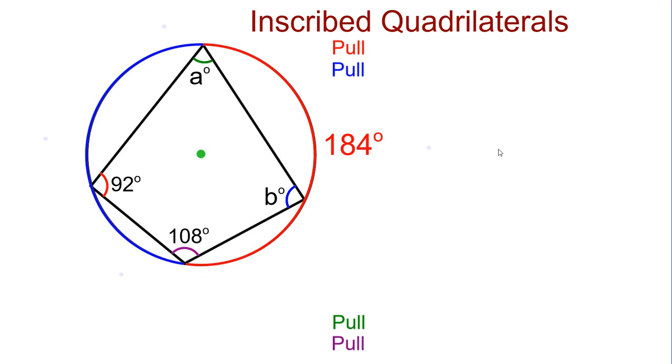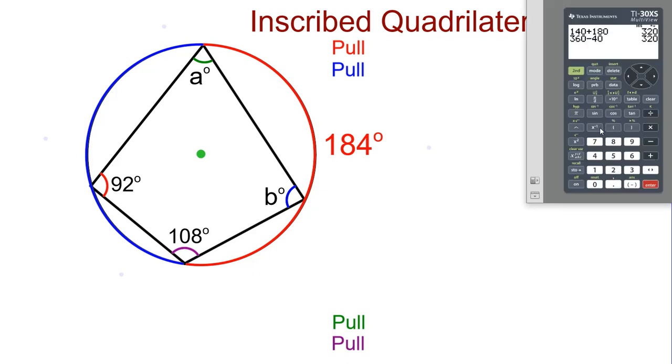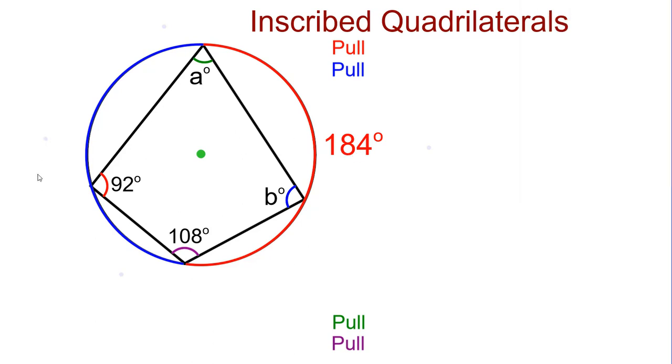So if this is 184, all we have to do is subtract it from 360 to find out what that value is going to be. So 360 minus 184, which leaves us with 176 degrees. So if this is 184, I wish there was a nice word like a supplement, but I don't really know of one. So anyway, the remaining part of 360 is going to be 176 degrees.